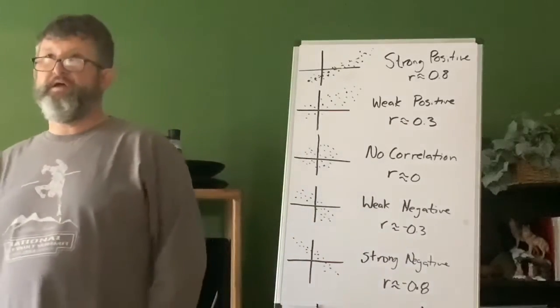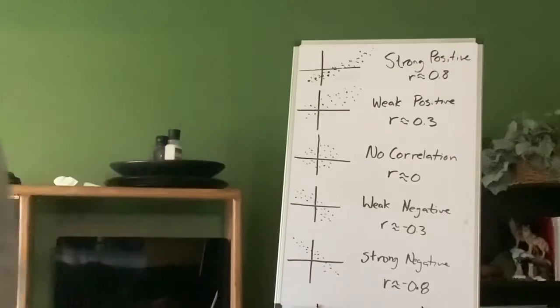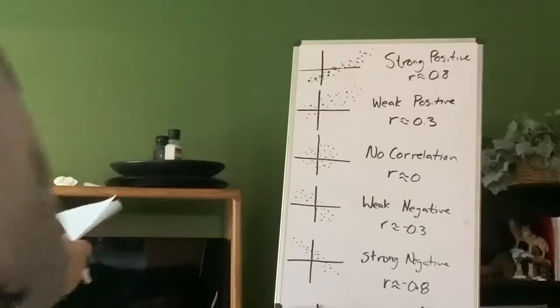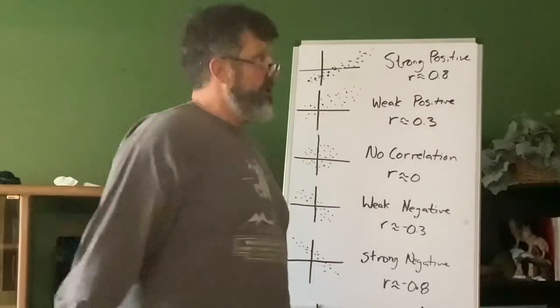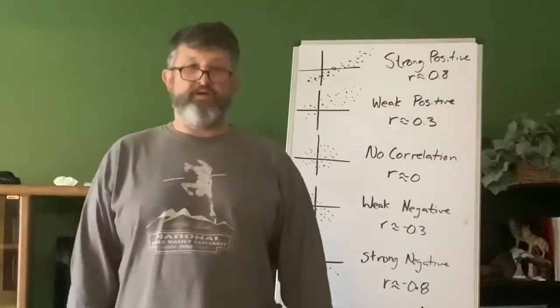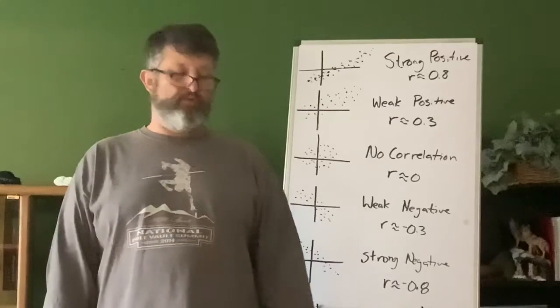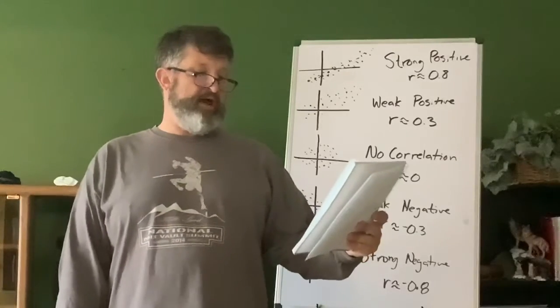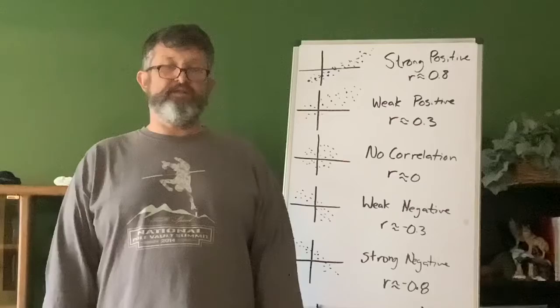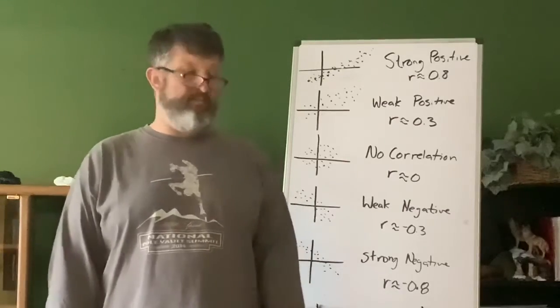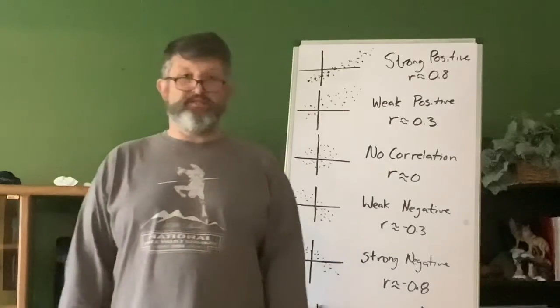Another one, let me grab my list here. Another at least positive correlation, I think it would be relatively strong positive, would be the number of hours that you study math compared to your ACT score.